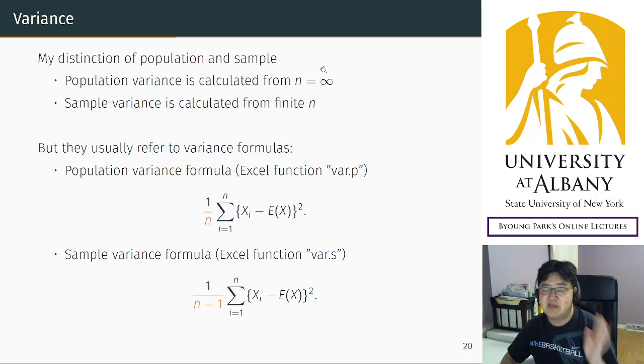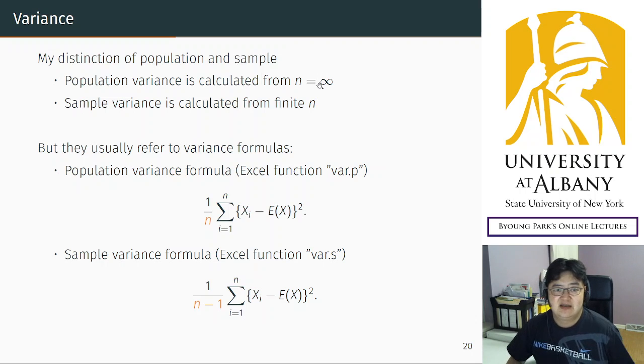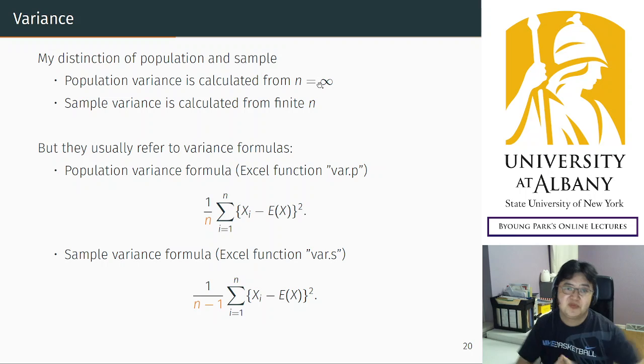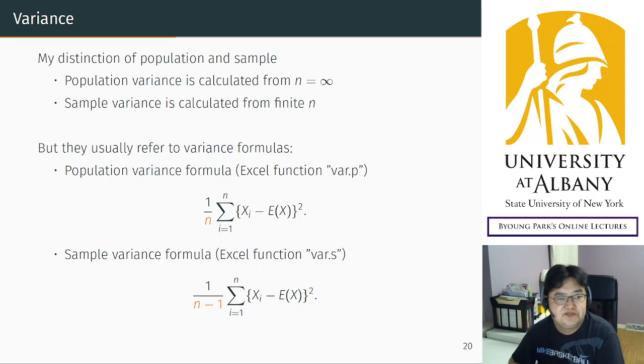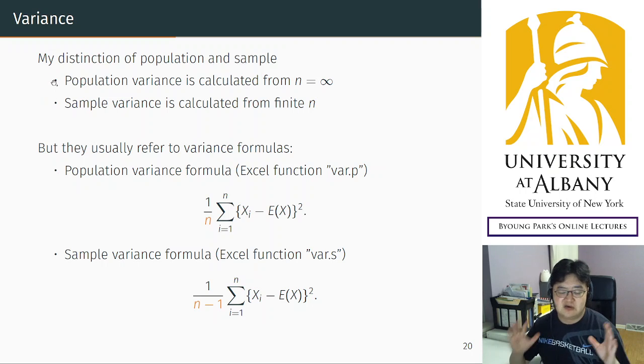Of course, it's not possible, it does not exist in reality, but theoretically, hypothetically, it exists. On the other hand, the sample variance is calculated from a finite number of observations. So this is the more fundamental distinction between population and sample.